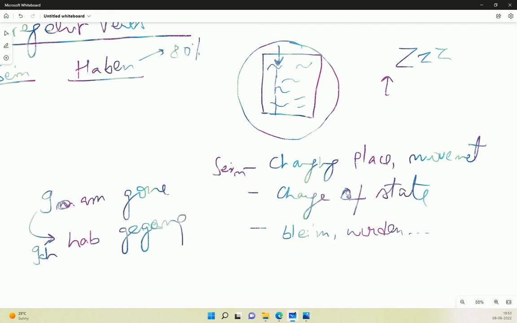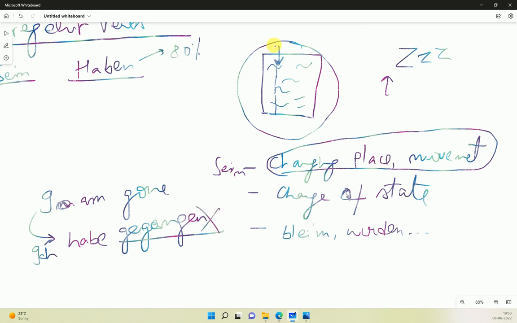Gegangen means gone. Ich habe gegangen will seem right because of I have gone, but as I told you, if there is a change of place, some movement, this sentence will be wrong. Ich bin gegangen. Right? It has to be like this.